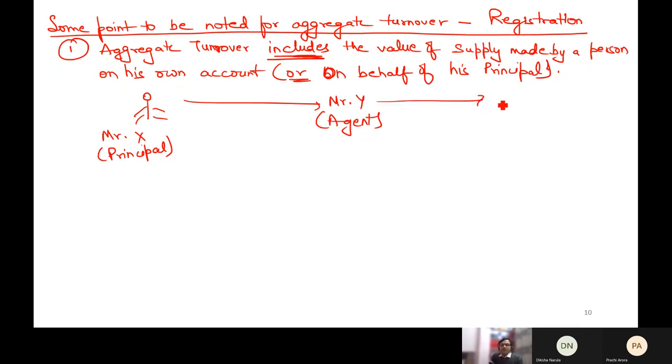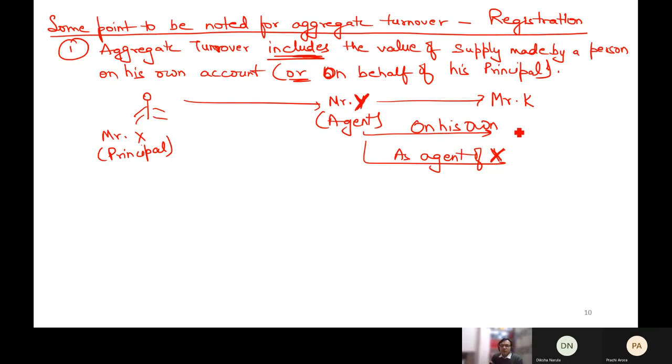And Y is also supplying goods to Mr. K. He is supplying the goods further on his own, apart from being the agent, he has his own status also, as well as being agent of X. So on his own, the turnover is, for example, 9 lakh. As an agent, for example, the turnover is 21 lakh.